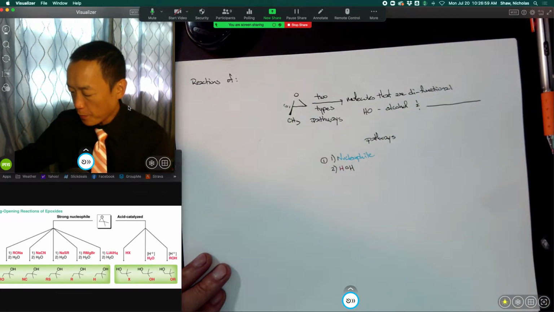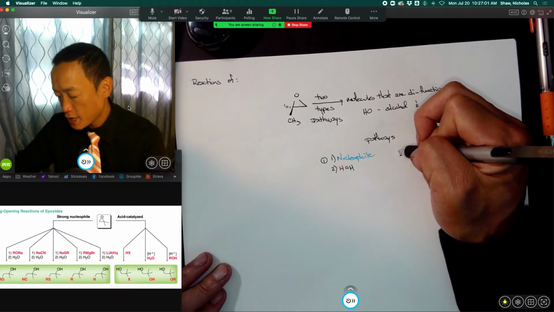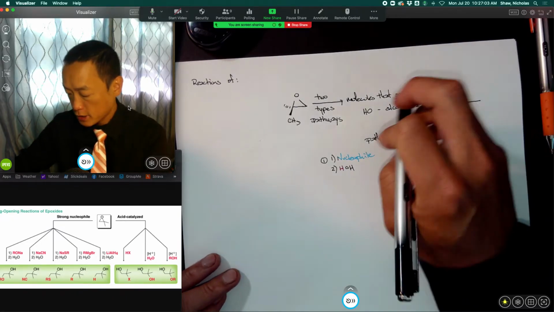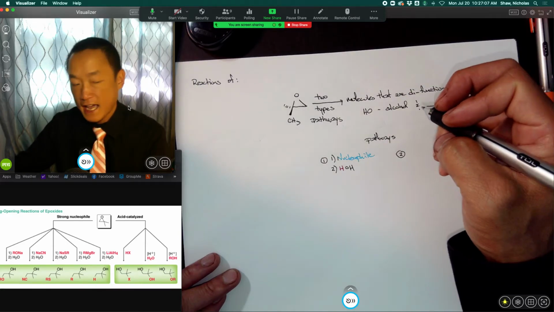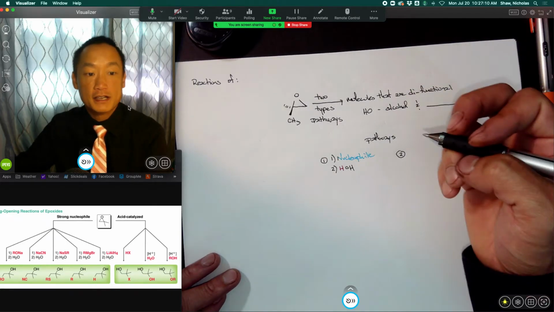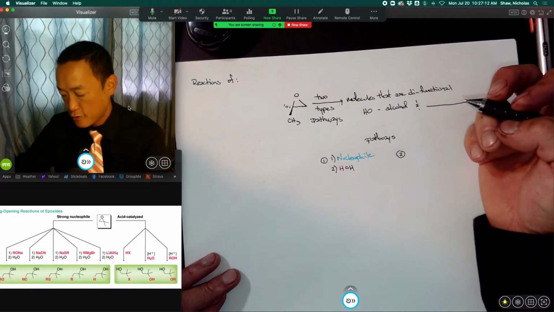Or the other possible pathway that these reactions can undergo first is the addition of the acid in the presence of a weak nucleophile.